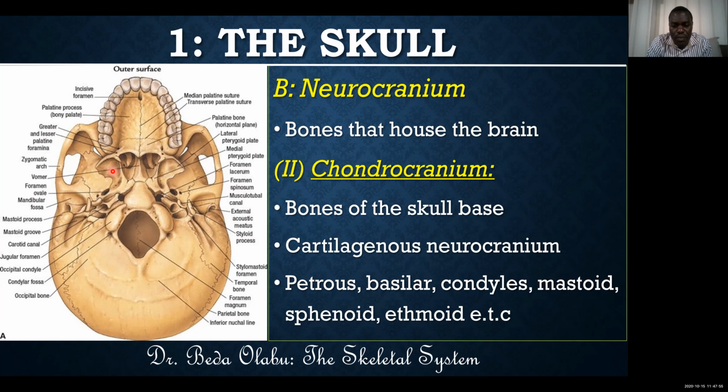Ethmoid bone is not well visualized from this view, but it's also one of the bones of the skull base. So point here is that the skull base, the bones originate from cartilage. The skull cap, the bones originate through intramembranous ossification, and they're all parts of the neurocranium.